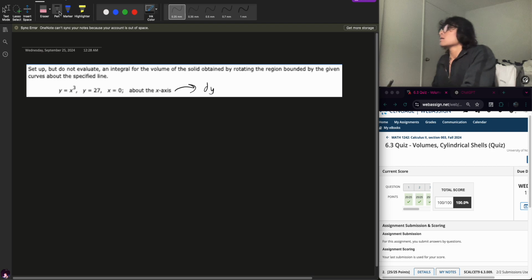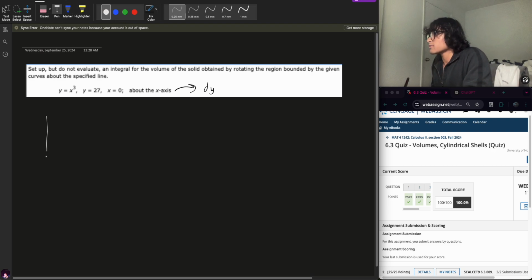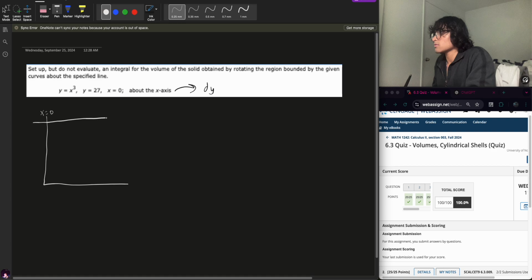Let's graph this first. We have y equals x cubed, y equals 27, and x equals 0. So x equals 0 is going to be our y-axis. And y equals 27 is going to be this straight line right here. We're just going to call this y equals 27.